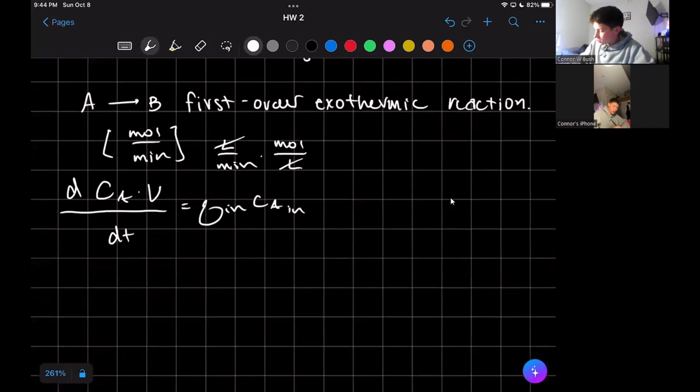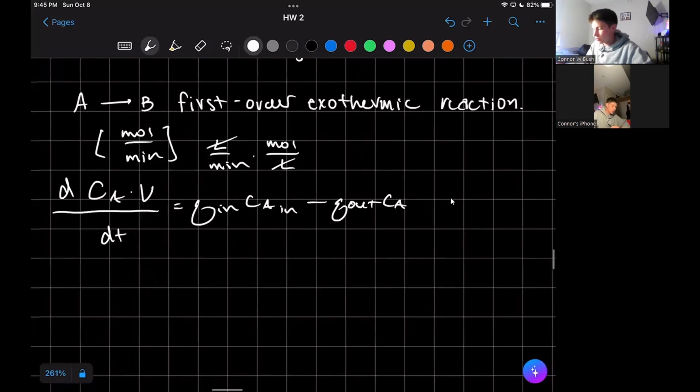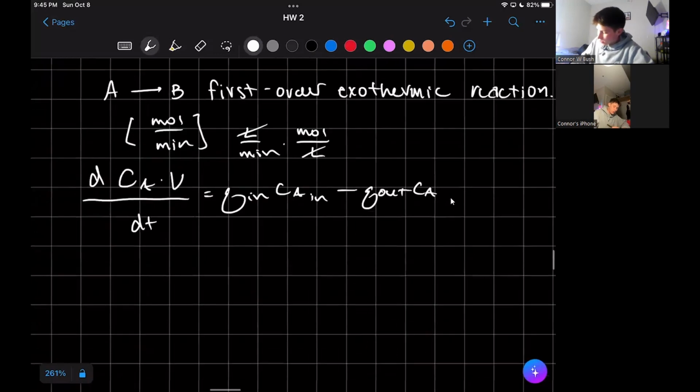Essentially we're just dealing with the difference between what's coming in and what's going out. So the flow rate going out multiplied by the concentration going out. We know that the flow rate going in is equal to the flow rate going out, so we can simplify this further.